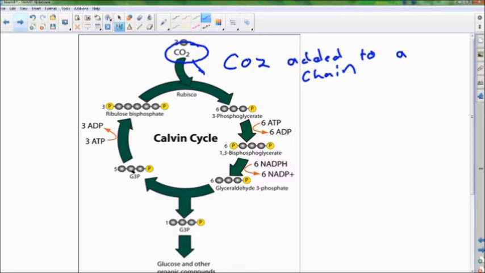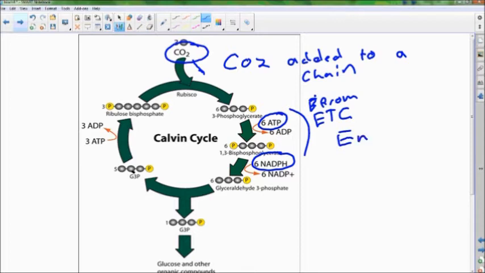At that point, we're going to use energy in the form of ATP and the NADPH. Of course, remember, these come from the electron transport chain. Those energy molecules are going to get used up.